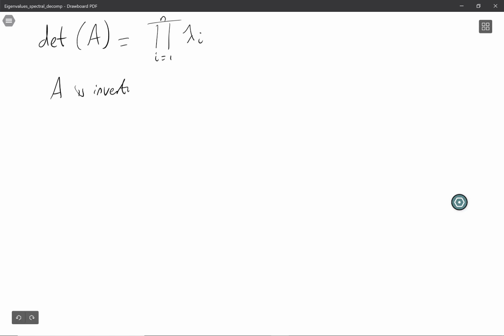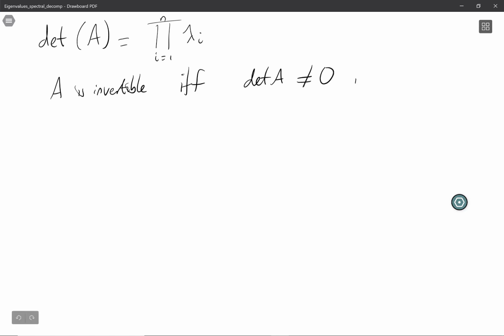I just want to highlight some results that you probably already know. The first thing I want you to remind yourselves of is that the determinant of a square symmetric matrix A is just equal to the product of its eigenvalues. We know that A is invertible if and only if the determinant of A does not equal 0.